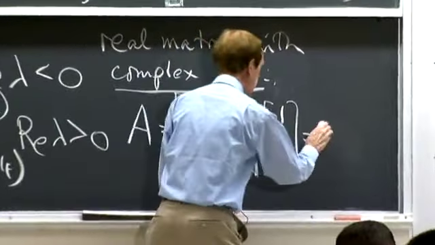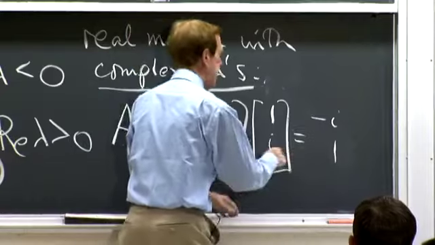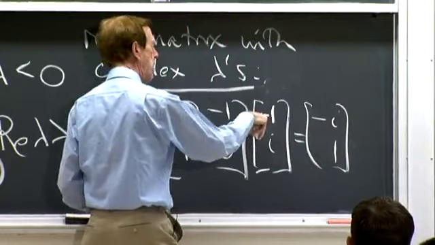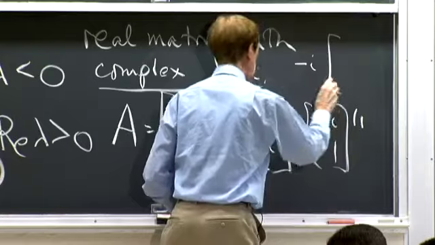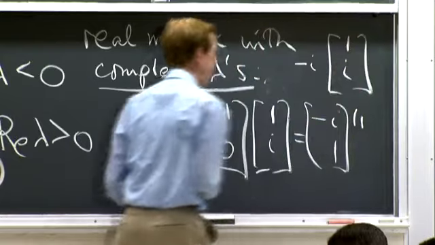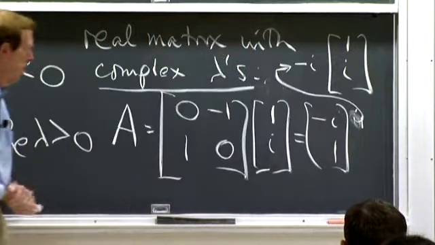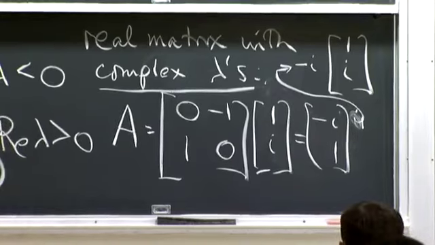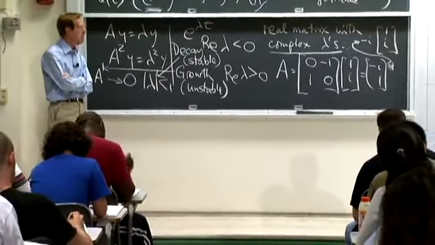If I do that multiplication, I get -i and 1, and I think this is -i times the input. No big deal, you can forget that. It's just that complex numbers can come in.